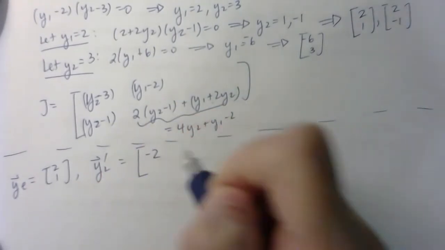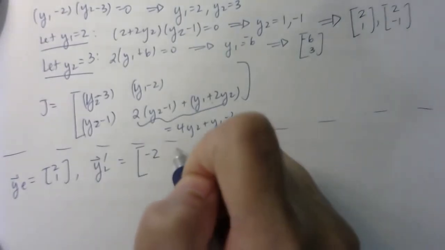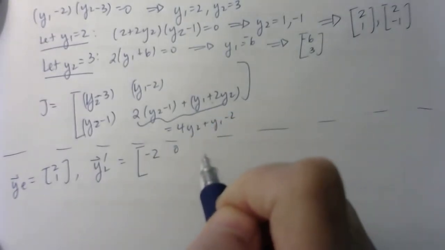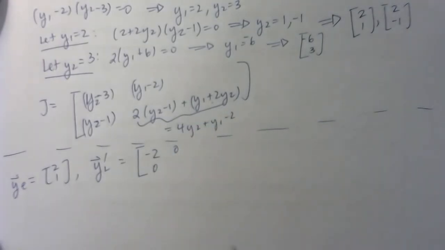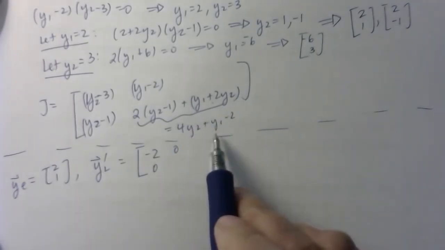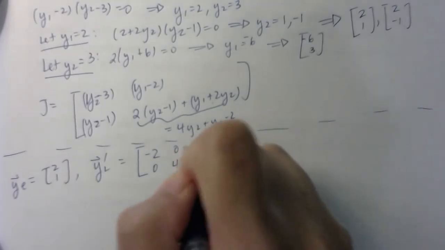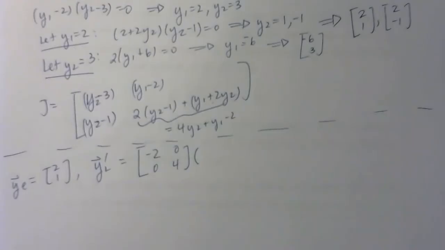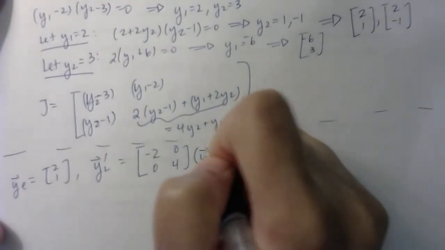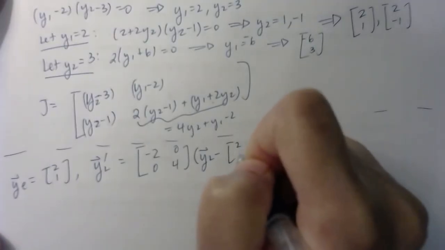So it's minus 2, 0, 0, 4 plus 2 minus 2, 4 times YL, the linearized guy, minus the equilibrium.